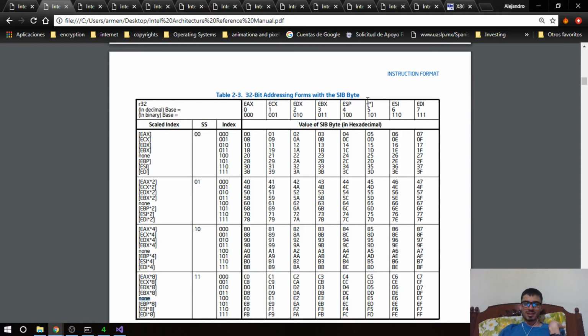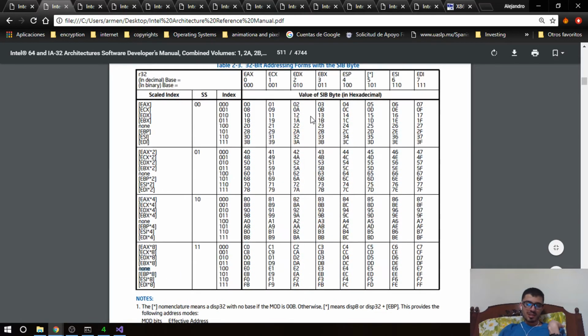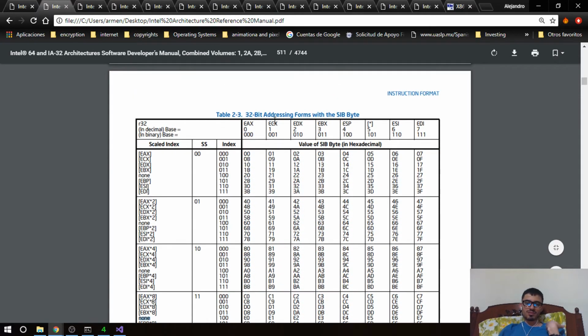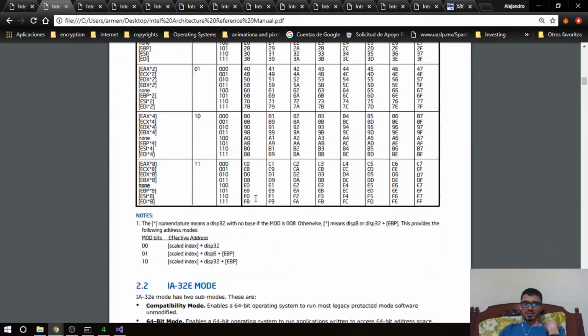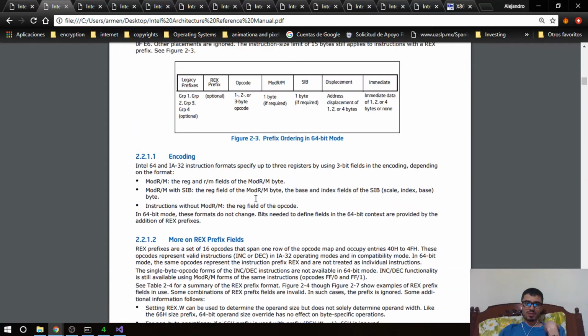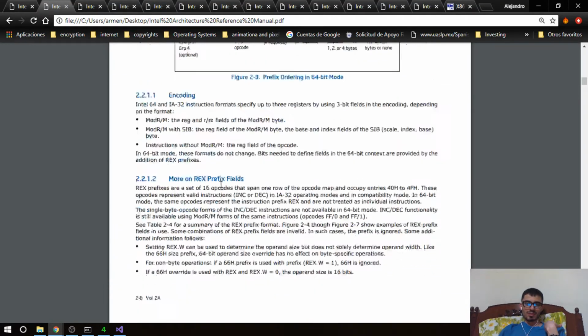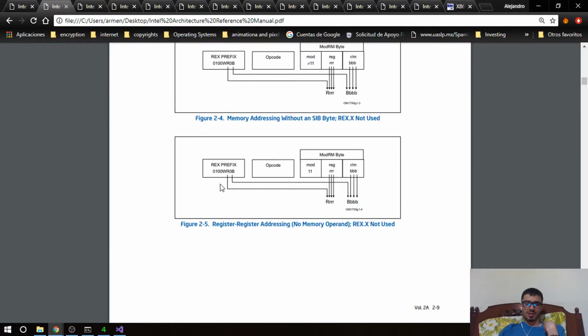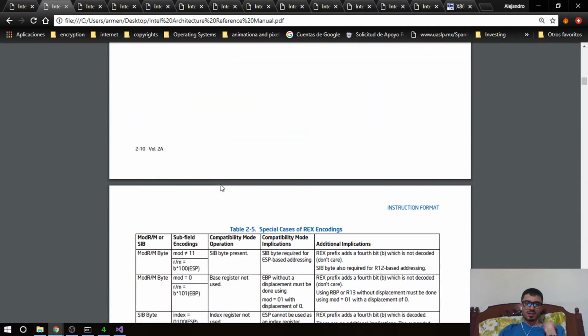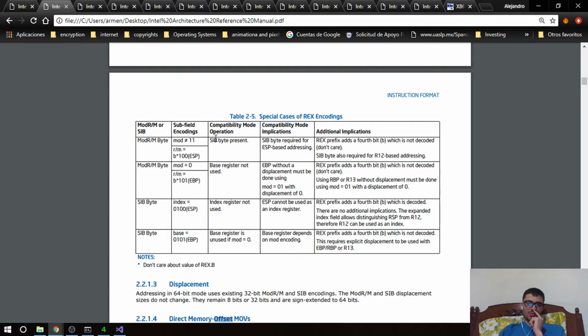We are getting R13 whenever we should get something like this, but the reason is because we are on 32-bit addressing forms, not 64-bit addressing forms. So when we go to 64-bit, we're gonna have something totally different, and there are some of them that are not codifiable, like the mod, for example.